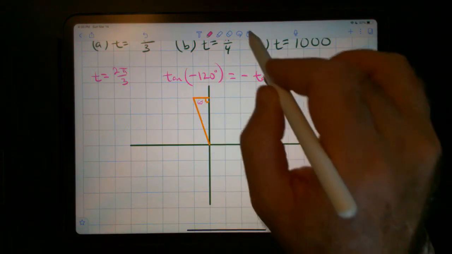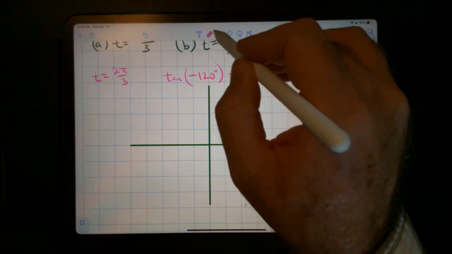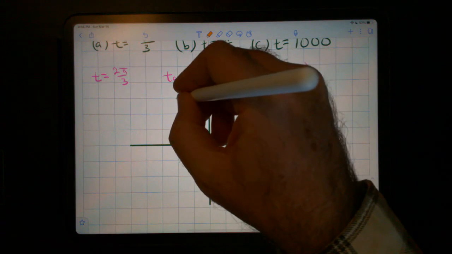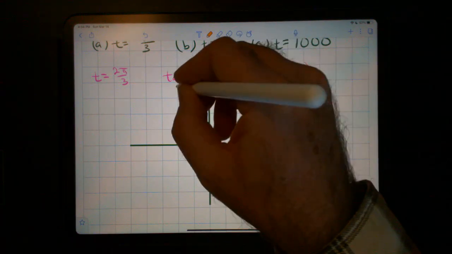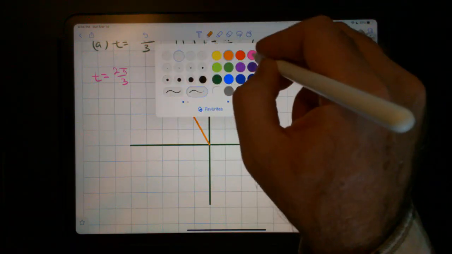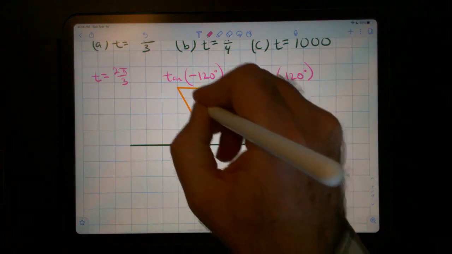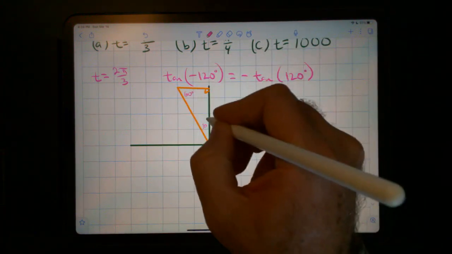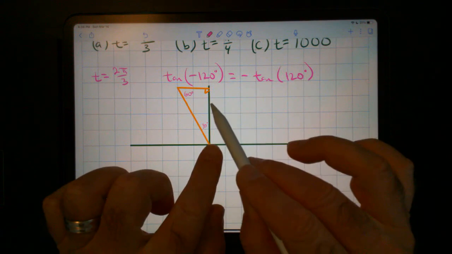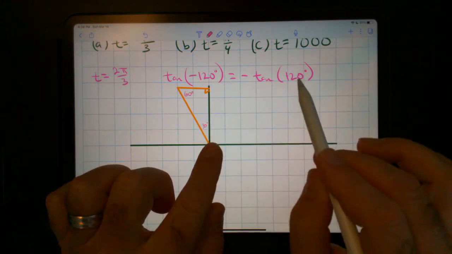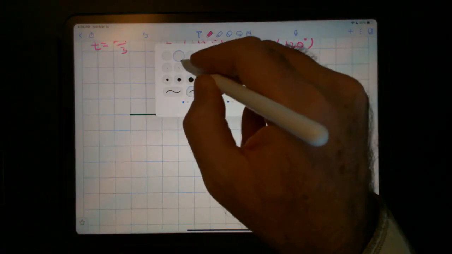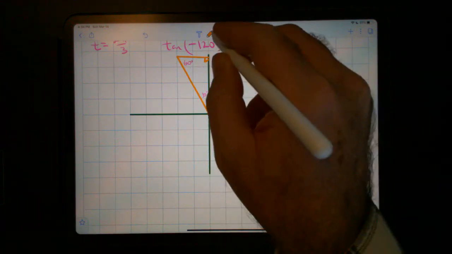Let me make this bigger. So 120 degrees is going to be 90 plus 30. And negative 120 degrees is going to look like this.